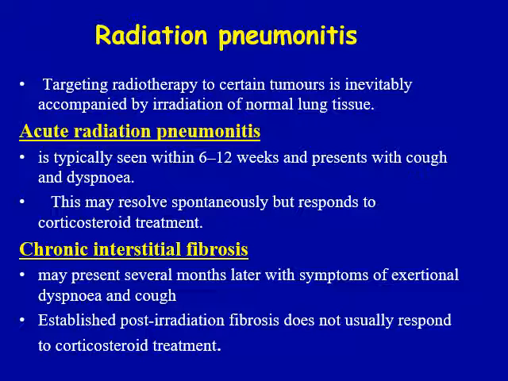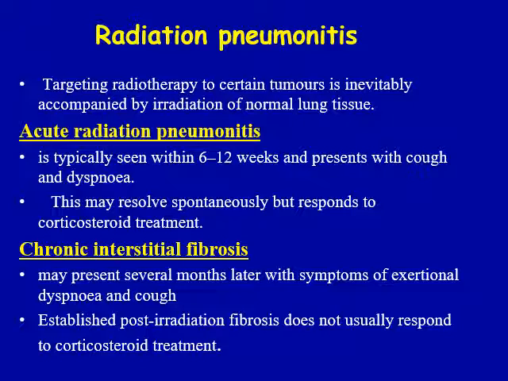Acute radiation pneumonitis is typically seen within 6 to 12 weeks after radiation to the tumor, and presents with cough and dyspnea. This may resolve spontaneously when we stop the radiation, or sometimes respond to corticosteroid treatment.